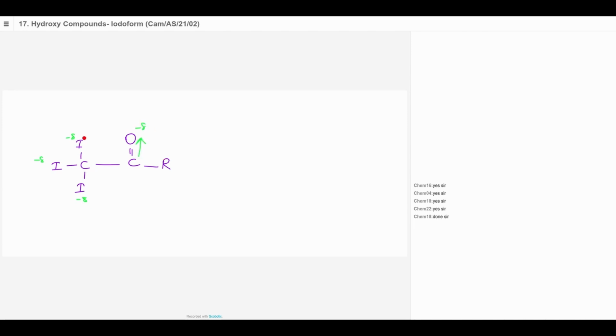And the 3 iodines are also pulling electrons to themselves because they are electronegative, right? So there are 2 electron withdrawing effects. Iodine is pulling in this direction. Oxygen is pulling electrons in that direction. So this is known as electron withdrawing. Right, so the carbon-carbon bond, as a result, gets weakened.